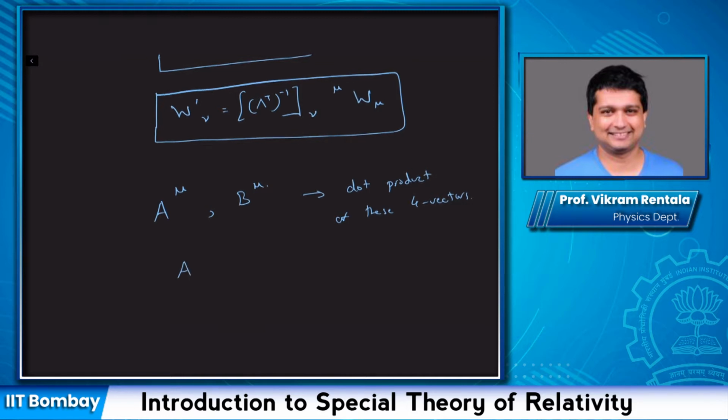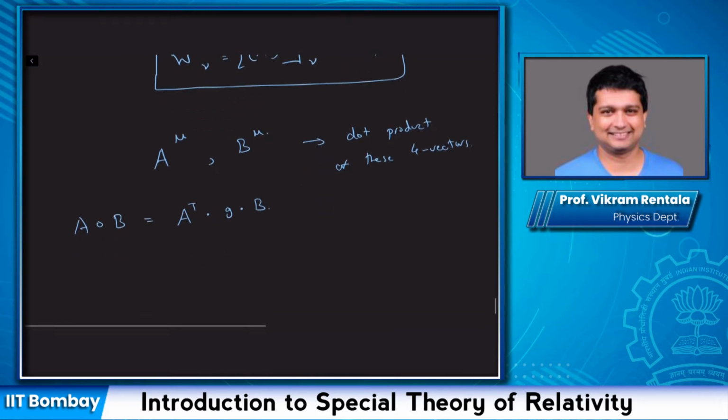The dot product A dot B is A transpose dot G dot B in matrix notation, and in index notation, we'd write this as A mu G mu nu B nu. Again, the index mu is summed over and nu is summed over.